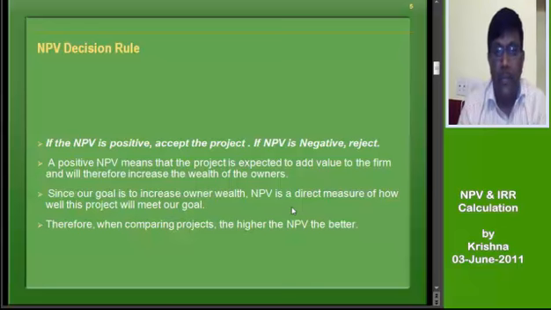If the NPV is less than 0, we can reject the project. If there is a choice between two or more mutually exclusive projects, we have to select the project which gives higher NPV.